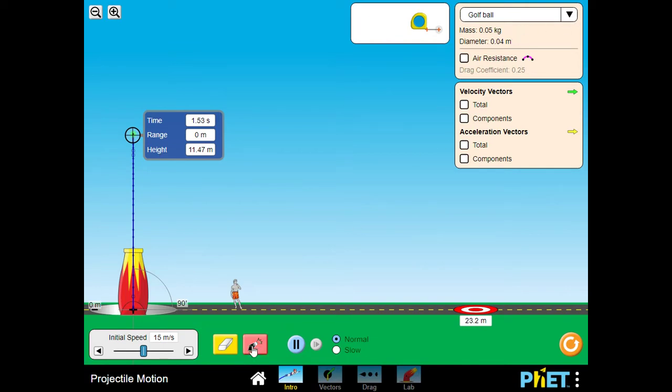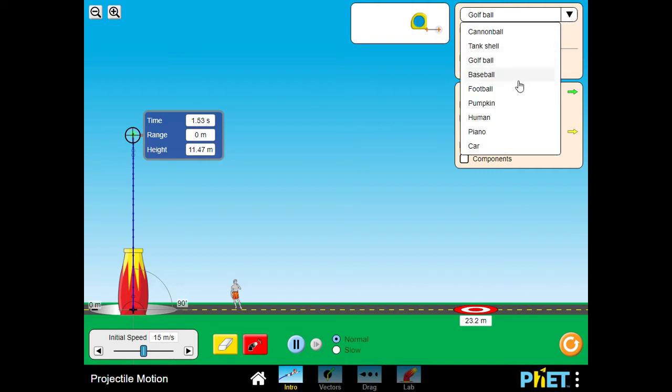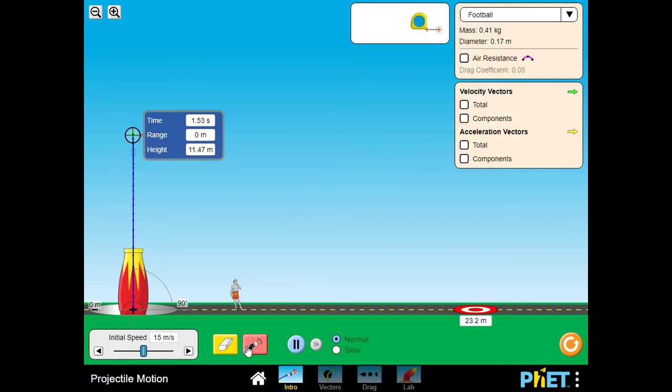Now we change the body of flight. A football: also the time is the same, and the height is also the same.